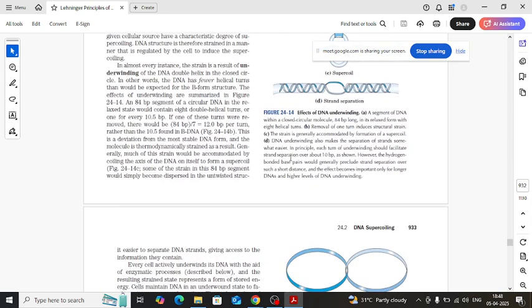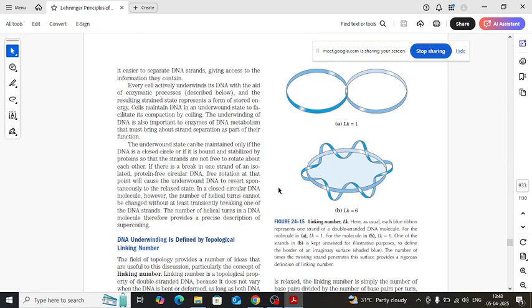So in this case, the linking number 6, or here the linking number 1, will not change until the DNA is broken. When it is broken, then the linking number will change.